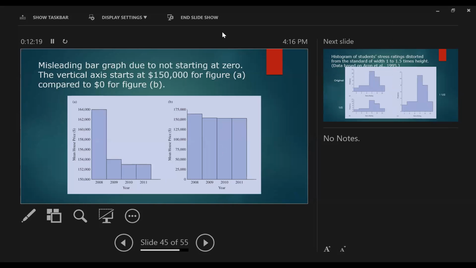Here's another way. This is a misleading bar graph because you're not actually starting at 0. The vertical axis starts at 150,000 compared to 0 for this one. So all of a sudden you could be like, whoa, people made way more money in 2008 than 2011, right? That's a huge difference when really, if you look at it from a natural 0, which is what it should be, there is a dip, but it's not as significant.